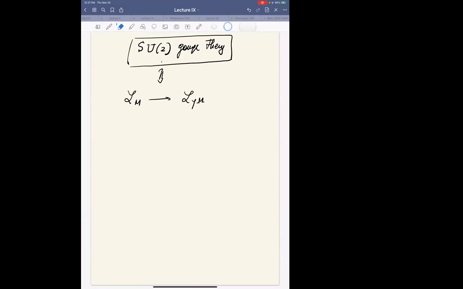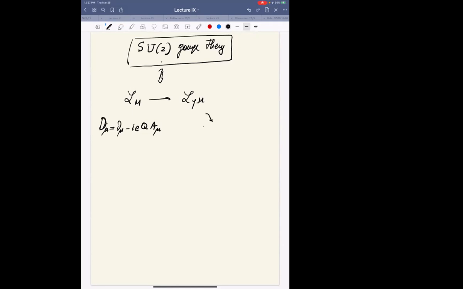In the Maxwell theory, in the U(1) case, D_mu is d_mu minus i... in this case, D_mu is d_mu, for example in electromagnetism, that would be precisely e Q A_mu.